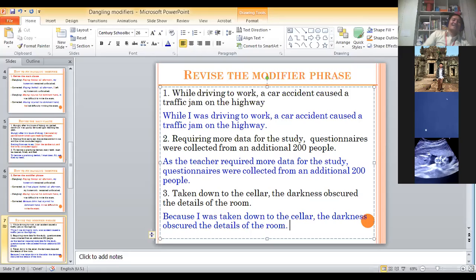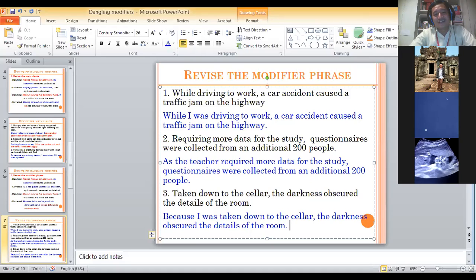I think it might be a bit difficult for you when you want to change someone else's sentences or someone else's ideas. But when you make your own sentences, you may not have the problem. Again and again, you learn this in order to avoid making the mistake. You better know that when you have a modifier, your modifier must have a word to modify.